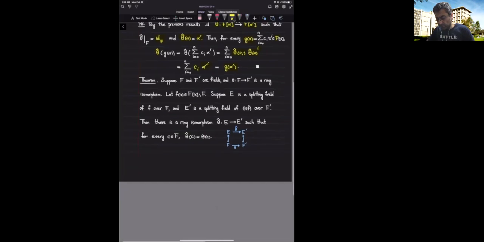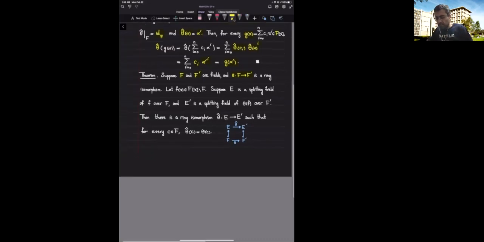Okay, what is the statement? The statement is I'm giving you two fields. They are the same fields, but different copies of the same field, which means I'm giving you two fields, F and F prime, and an isomorphism theta between them. So essentially they are the same fields, but different copies. And I give you a non-constant polynomial with coefficients in the first copy.